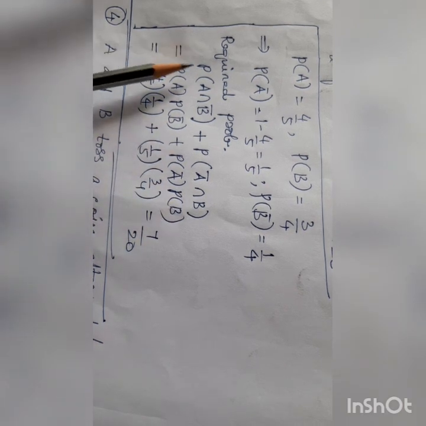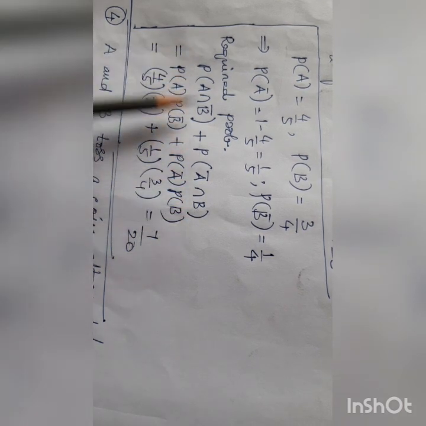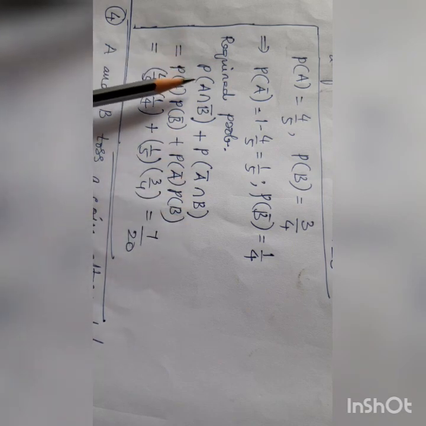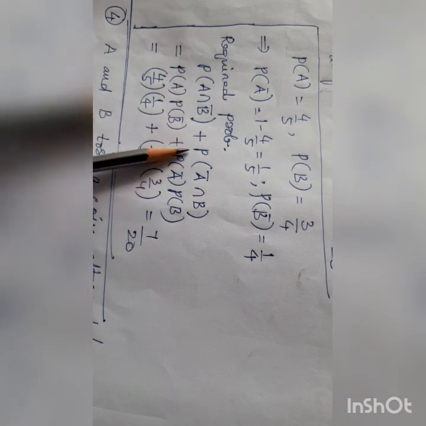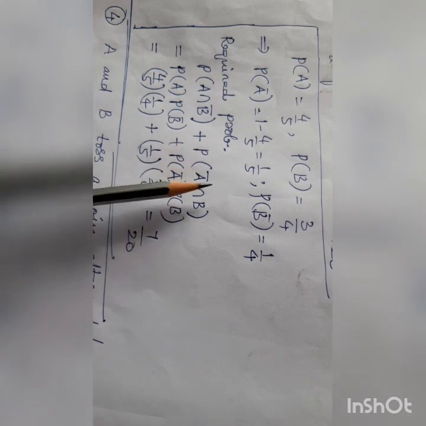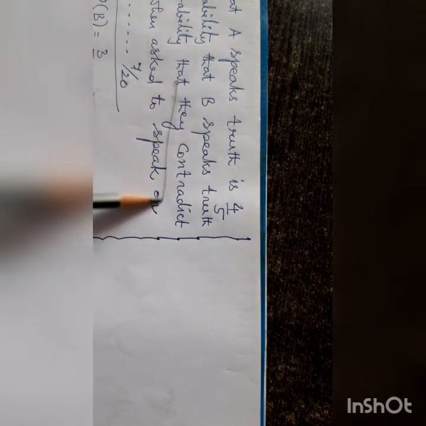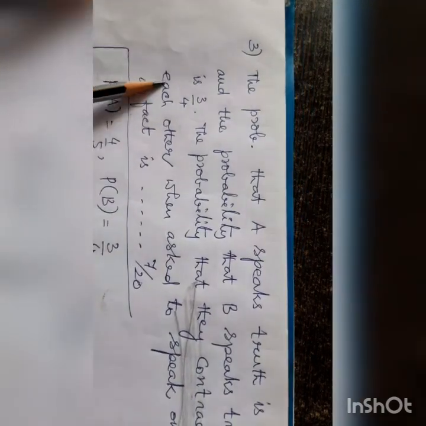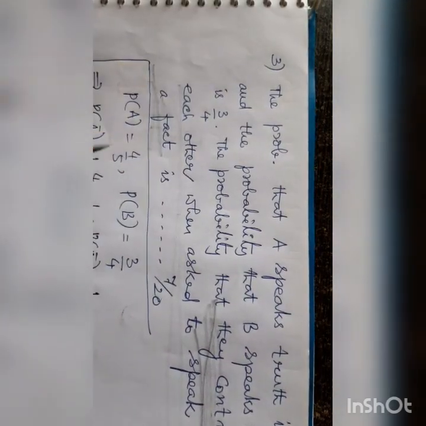You have to write like this, you have to express like this: P of A intersection B bar plus P of A bar intersection B. This is called, in the question, they contradict each other when asked to speak on a fact, on truth.